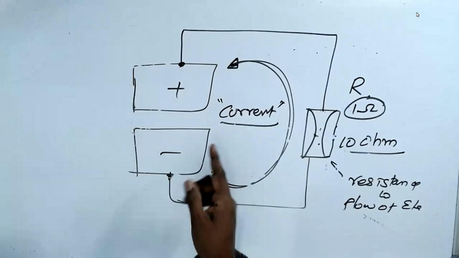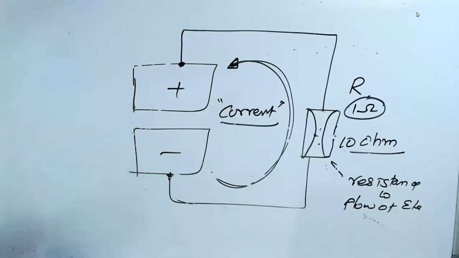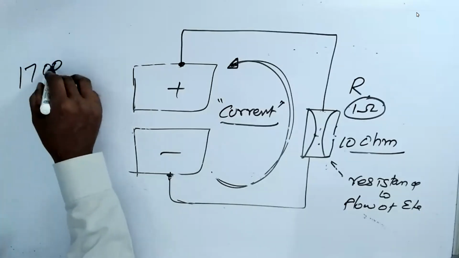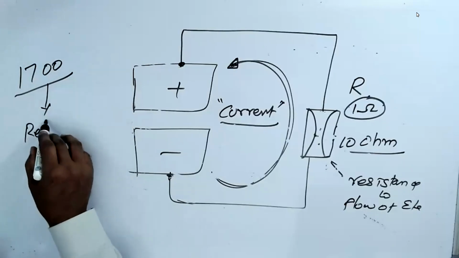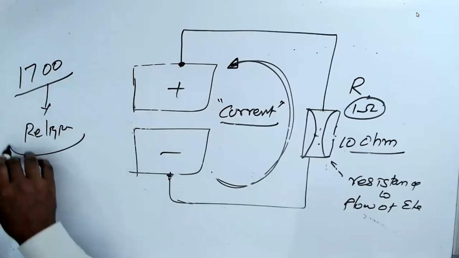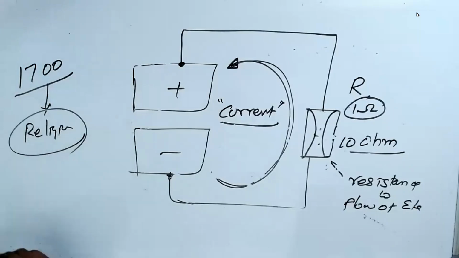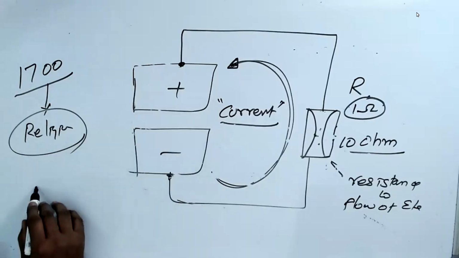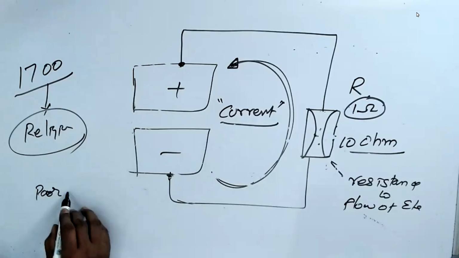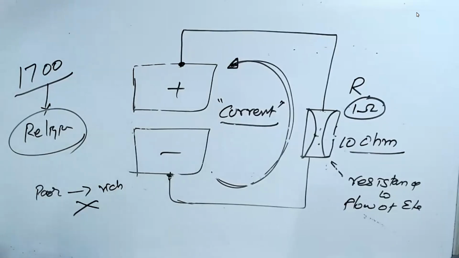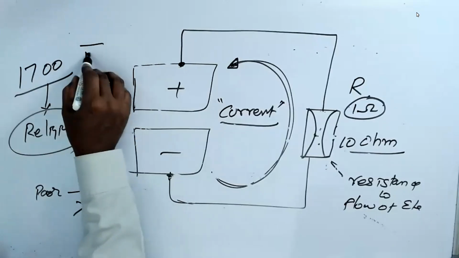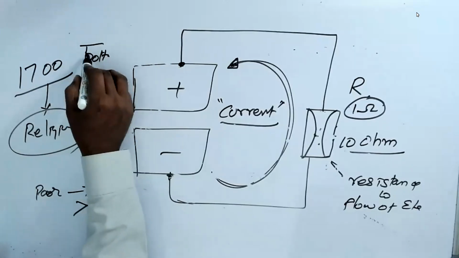But unfortunately, in the 1700s, the whole world was controlled by religious people. They said, how can a poor person give to a rich person? That's not possible. How can water go from bottom to top?